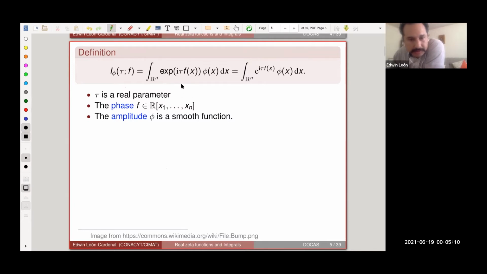Tau is a real parameter. F is called the phase, in analysis the phase function. And we can assume that it's a polynomial on the reals, but more generally, this is an analytic function, okay?